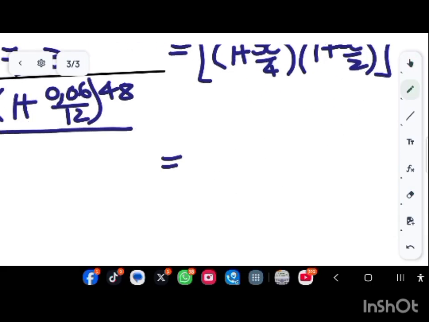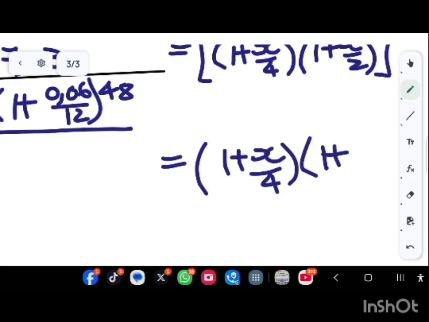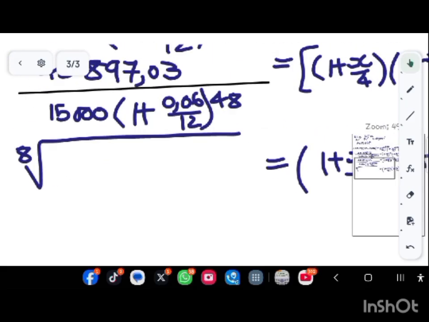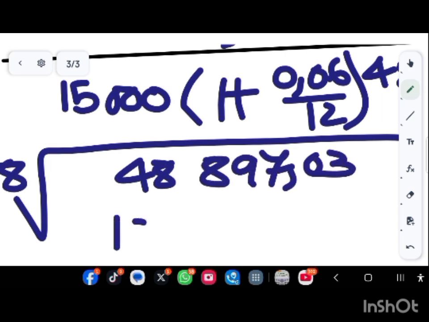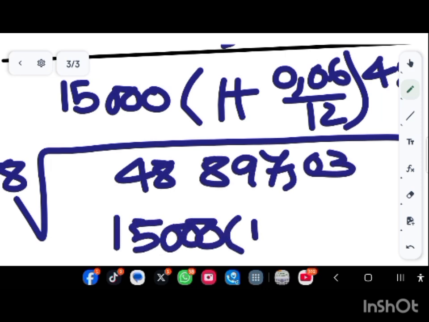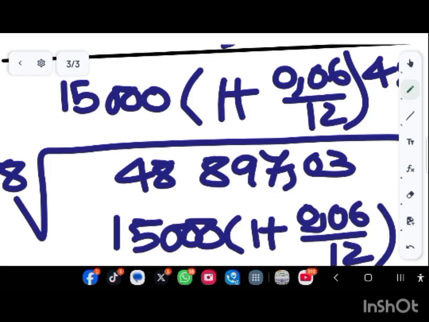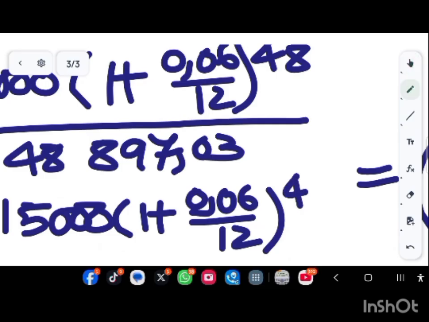So that will be 1 plus X over 4 times 1 plus X over 2 equals the 8th root of 48,897.03 over 15,000 times 1 plus 0.06 to the power of 48.